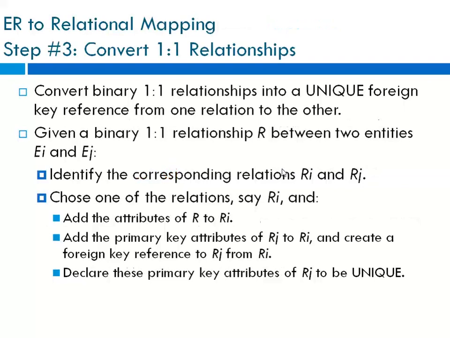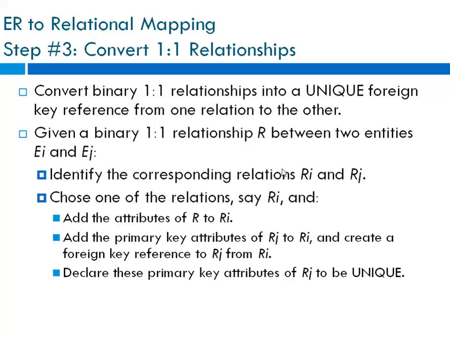Next is step number 3, to convert one-to-one relationships. Convert binary one-to-one relationships into a unique foreign key reference from one relation to another. So we first have to identify which entities are related with a one-to-one relationship.